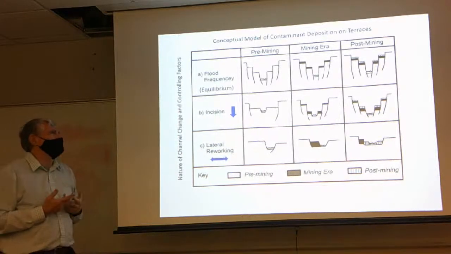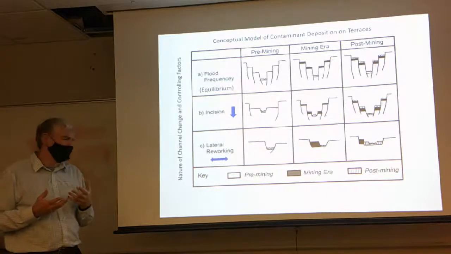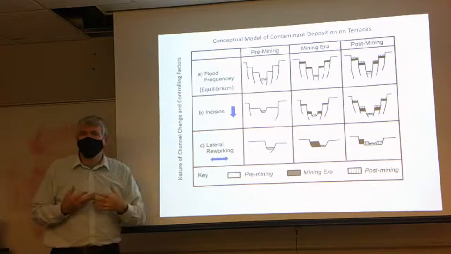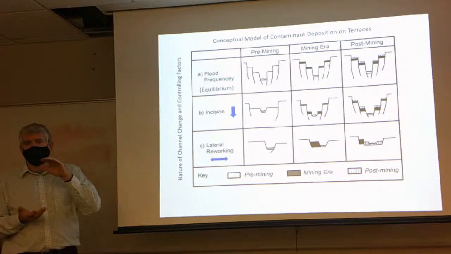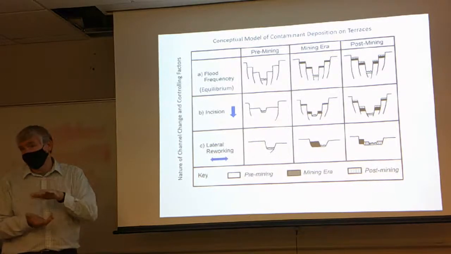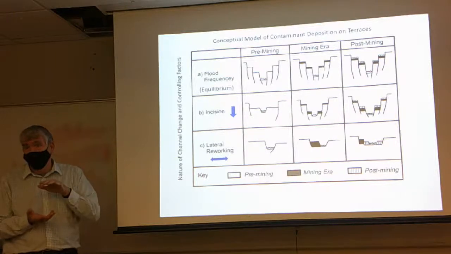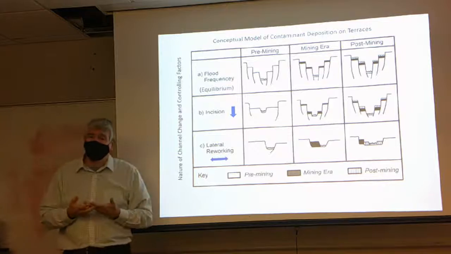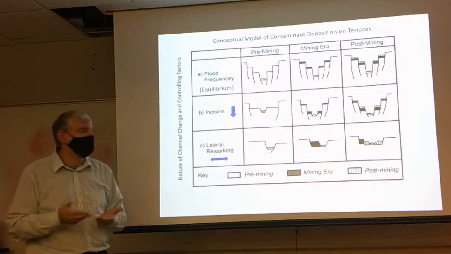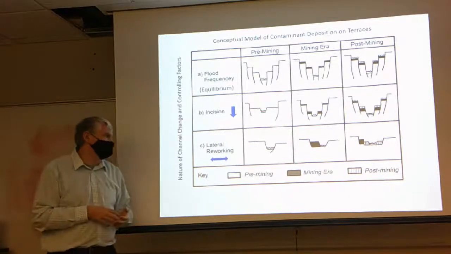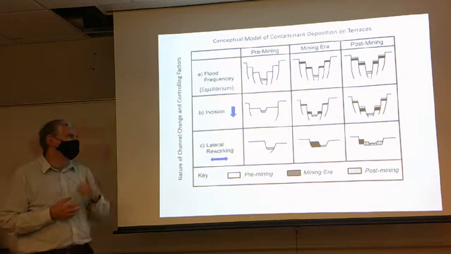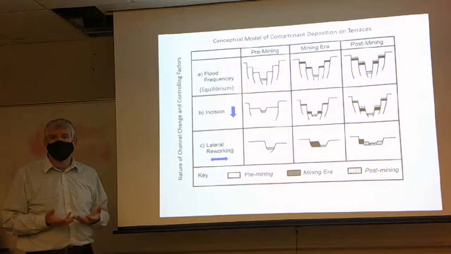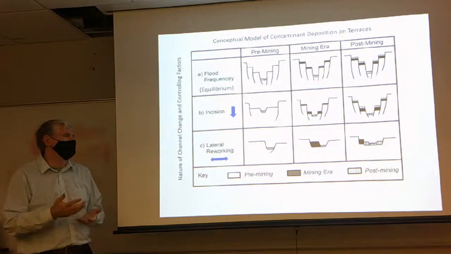So it gives us an idea of where we would expect to find the thickest and probably most contaminated materials along the terraces, depending on the frequency of inundation and whether we get incision or lateral migration. And also where we would expect them to be buried with clean materials after mining versus where we don't.